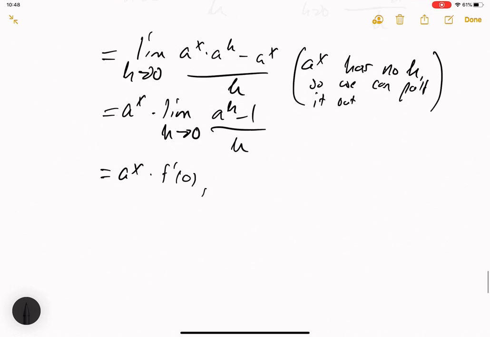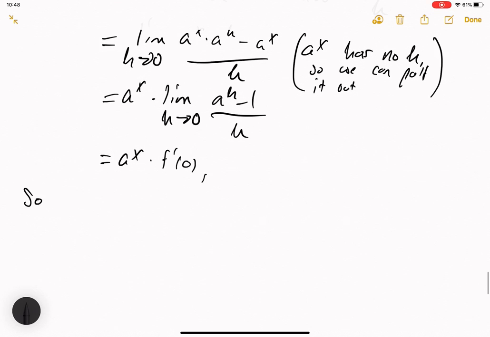So what this gives us is that f prime of x is equal to f prime of 0 times a to the x. So you get that the rate of change of any exponential function is proportional to the function itself.